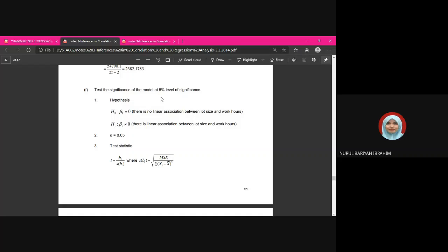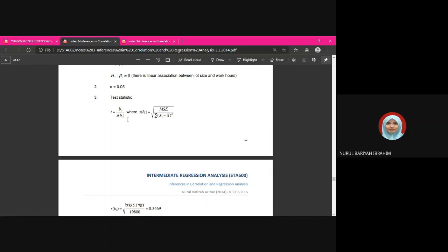But also, we can use the t-test to check the significance of the model by the hypothesis: beta 1 equal to 0, beta 1 not equal to 0. Because when beta 1 not equal to 0, we can say that there is a linear relationship between y and x. Okay, so we have this formula.